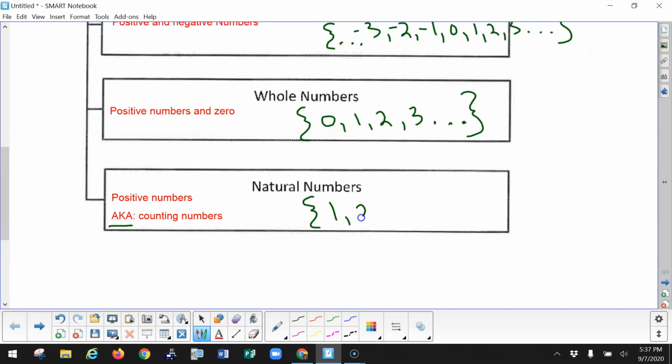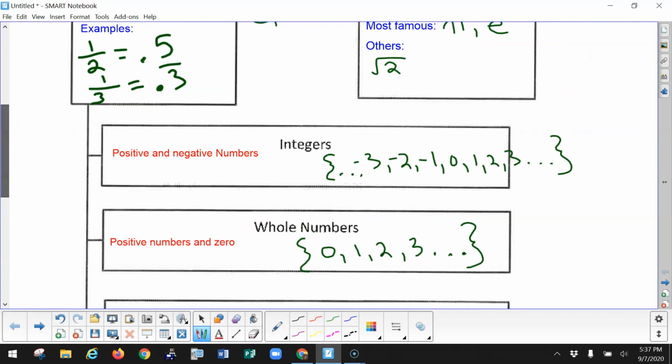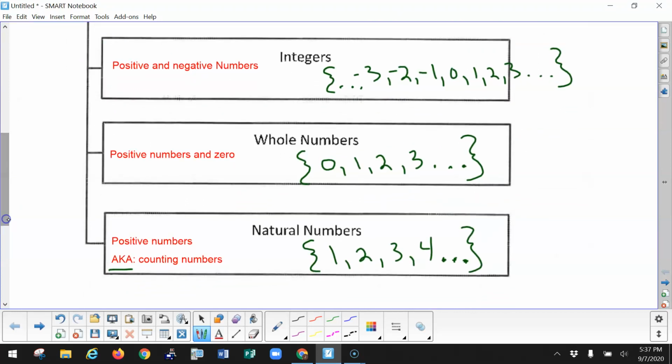This would be 1, 2, 3, 4, and so on and so forth. Again, these are dots here. It's the set of numbers that includes 1, 2, 3, 4, 5, 6, 7, 8, all the way up to positive infinity.